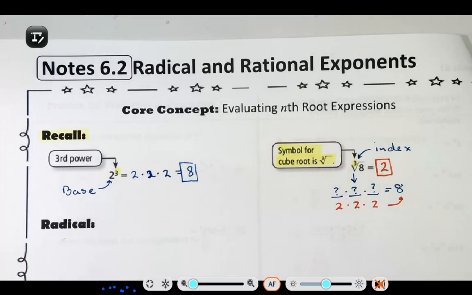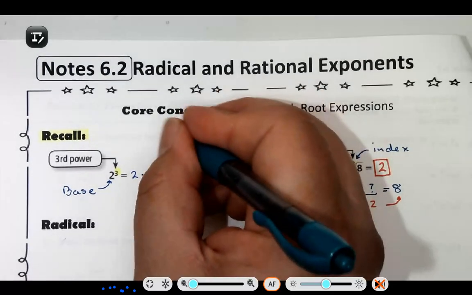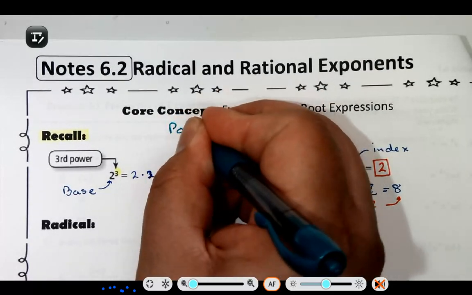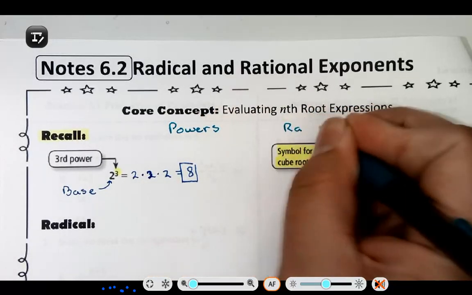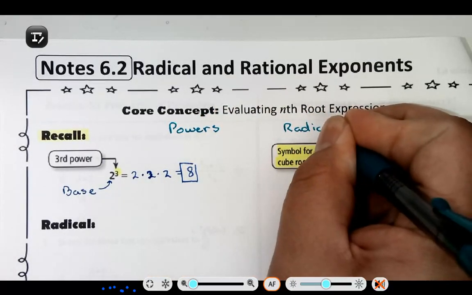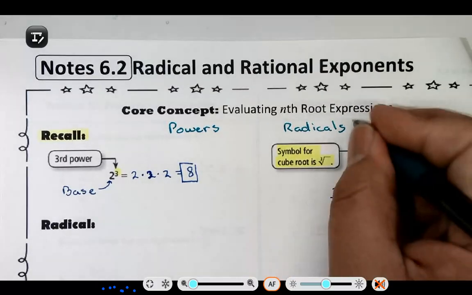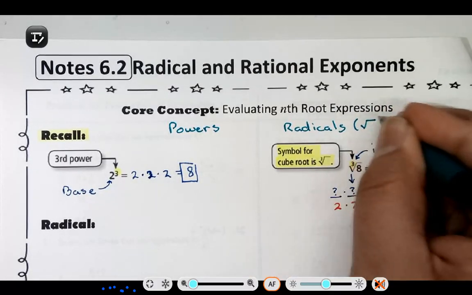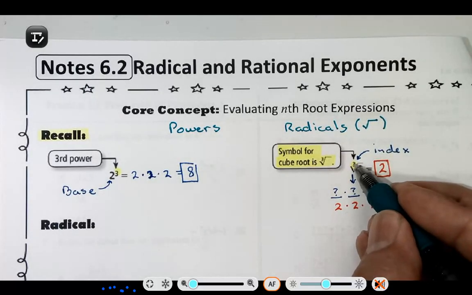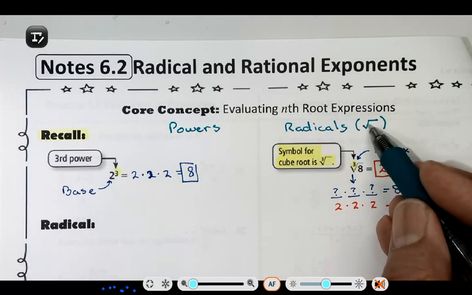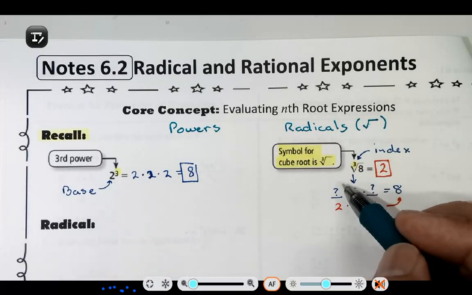So one of the things that we have to understand is that on this side, when you're working with powers, and then over here, we're dealing with radicals. And by radical, we mean this symbol only. This symbol by itself is what we call a radical. That's why when you put a little 3, this is a third root or a cube root. It has a special name for it.